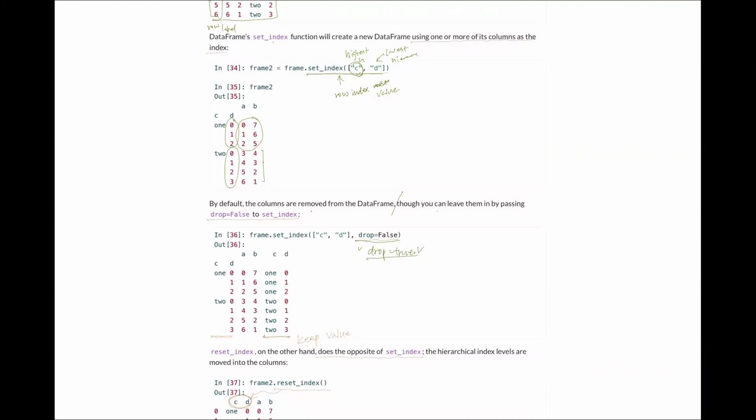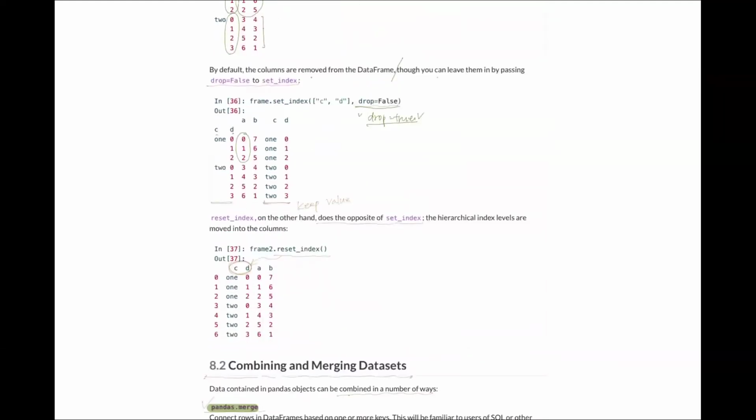Like in here, set index C and D, and then drop false means we can still use the 0, 1, and 2 as C, right? So those are the things we can do with set index.